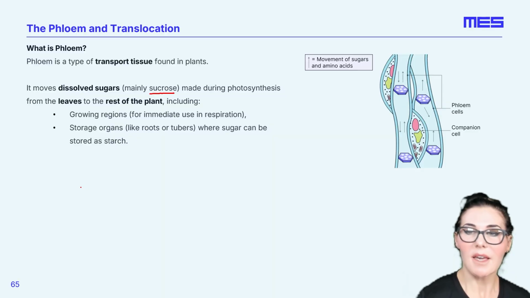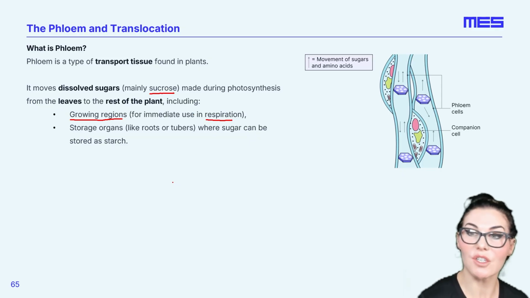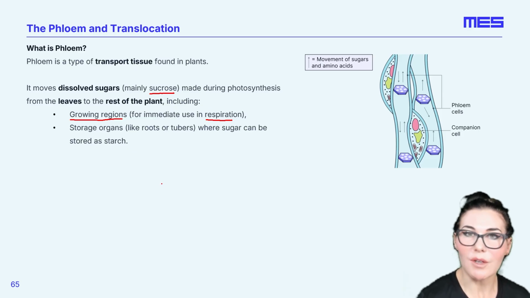But why? It might need to go to growing regions which are carrying out a lot of respiration. So moving that sugar to those areas means that it can be used immediately in respiration, providing energy for growth to happen. Or the sugar might be stored, so it might not be needed straight away.